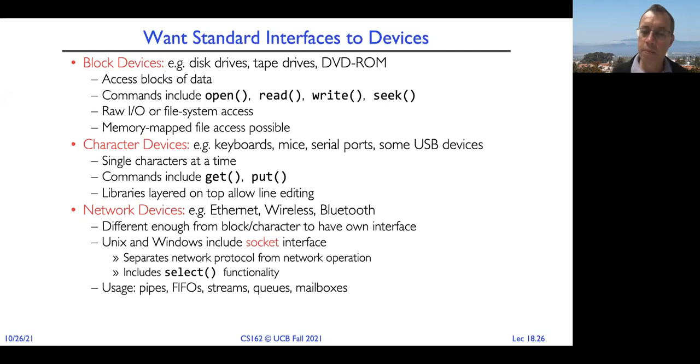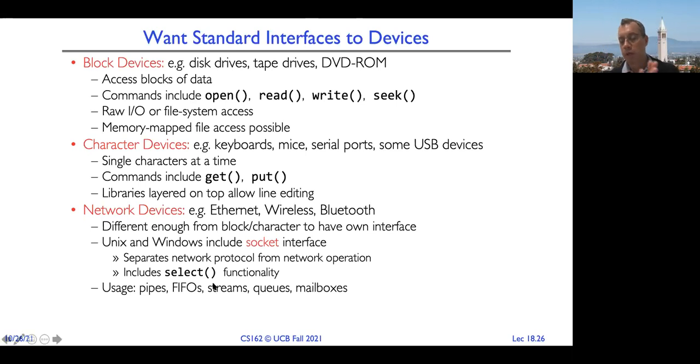And then network devices are different enough that you have a slightly different API. You still have open and close, and you have the concept of sockets, and you still have reads and writes. All of those you still have. But in addition, you have a richer API. If you remember, you have connect, you have accept, and you also have select.